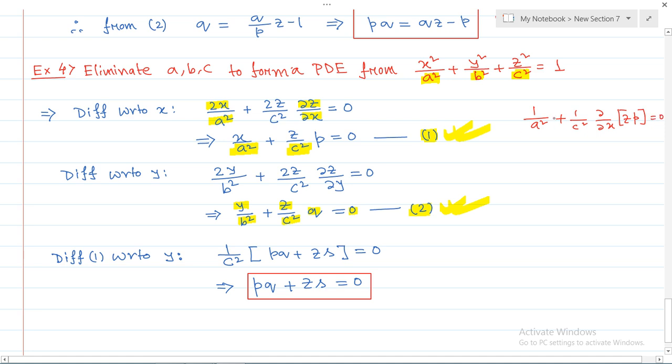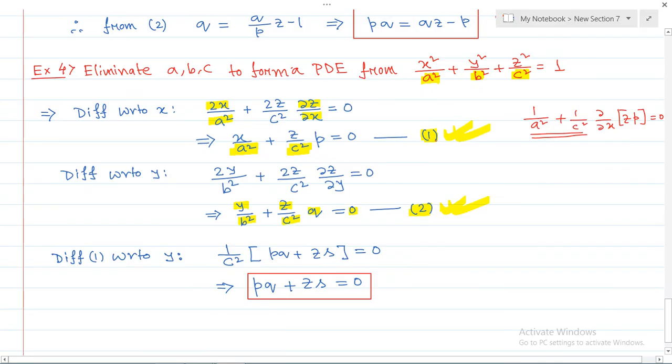So after doing this, we can see a and c both will still be present. We will not be able to eliminate if we differentiate equation 1 again with respect to x. Similarly, if we differentiate 2 again with respect to y, 1 by b square will still be there. We have to go for a higher order derivative, but not with respect to x for equation 1, not with respect to y for equation 2.